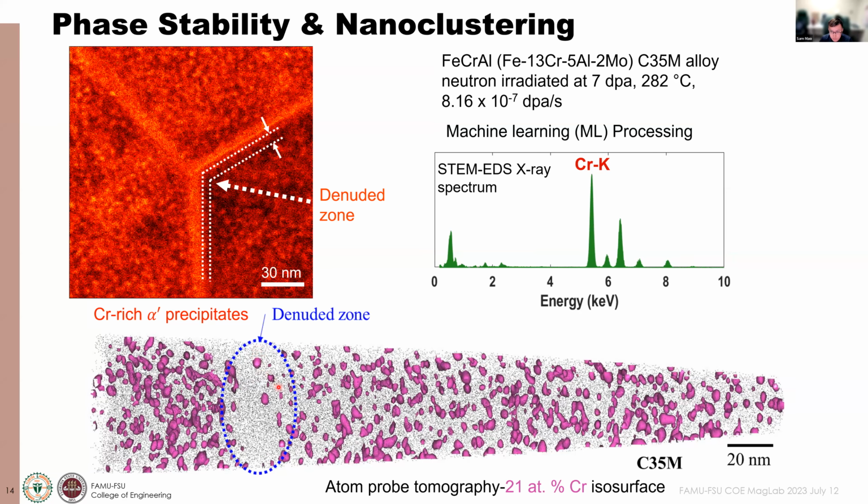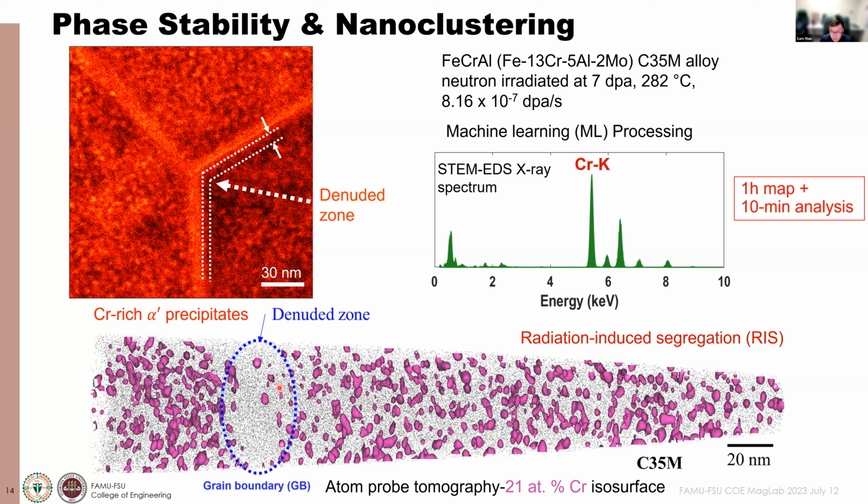It's basically the same, but if you compare the time span of each analysis, the atom probe will take at least 4 hours to collect one tip and do some of the reconstruction of the isosurface.